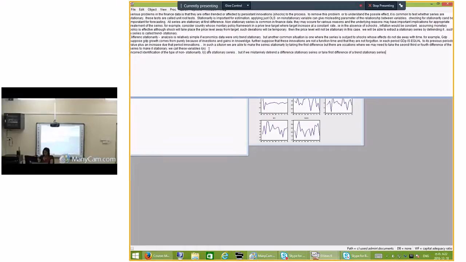in our example, our GDP is trend stationary or difference stationary.